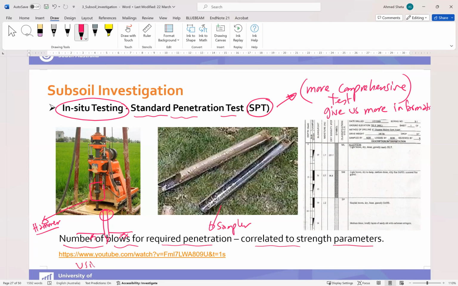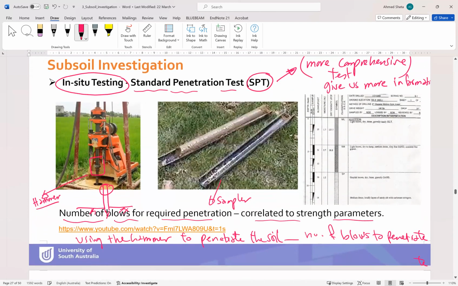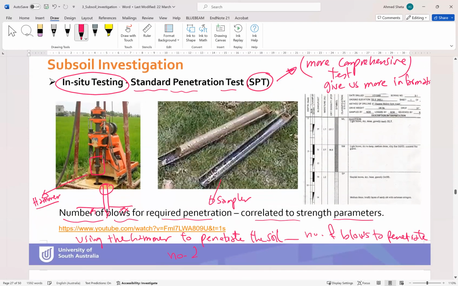So we are using the hammer to penetrate the soil, and we need a number of blows to penetrate. The number of blows to penetrate the soil correlates to the soil strength.